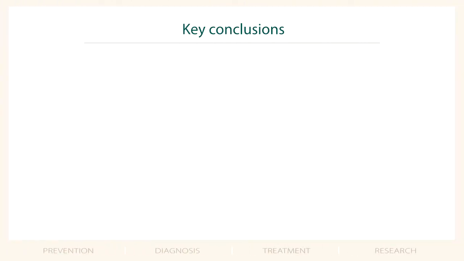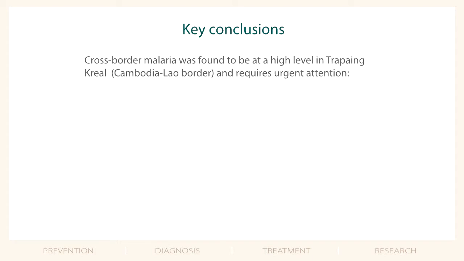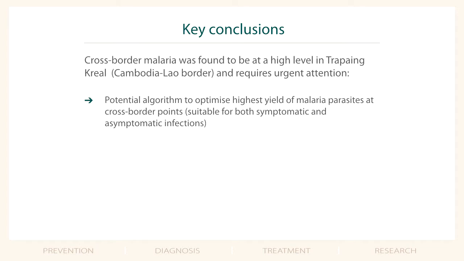So key conclusions from this is cross-border malaria is a significant problem at Trapang Kriau on the Lao border and does require urgent attention if we are to eliminate malaria in that region. The risk factors that we have identified can be used as an algorithm at this border point to maximize identification of both asymptomatic and symptomatic malaria in the population crossing.